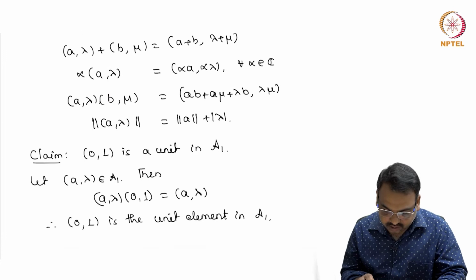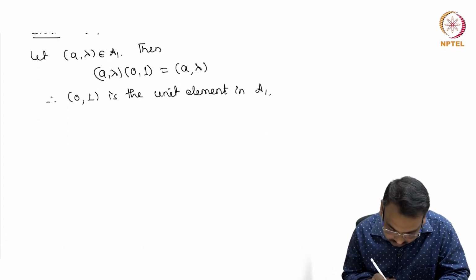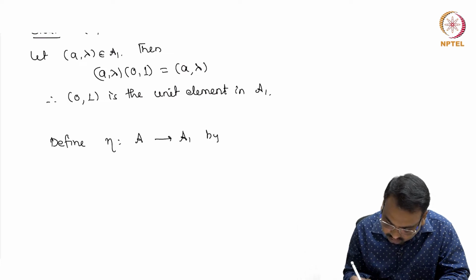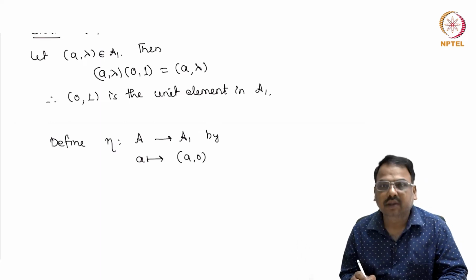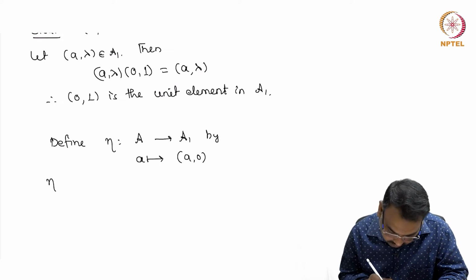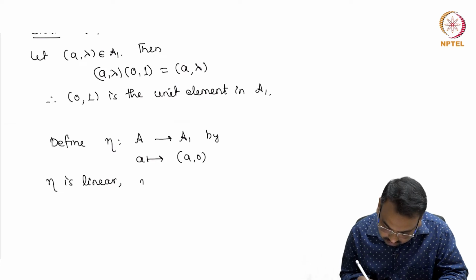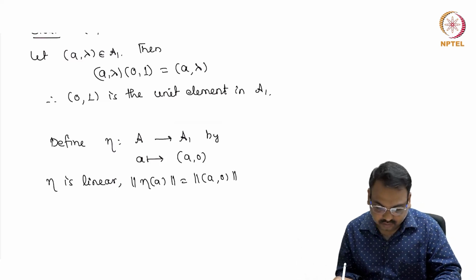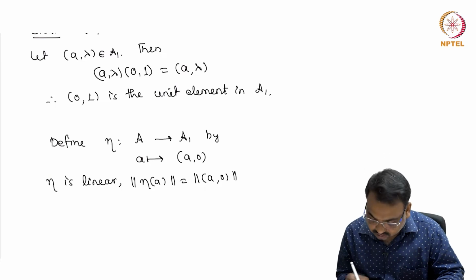Now we want to embed A, so define a map, let us say eta, from A into A1 by A is mapped to (A, 0) in A1, and you can easily check that eta is linear. If we look at the norm of eta A, it is the norm of (A, 0) in the algebra A1.